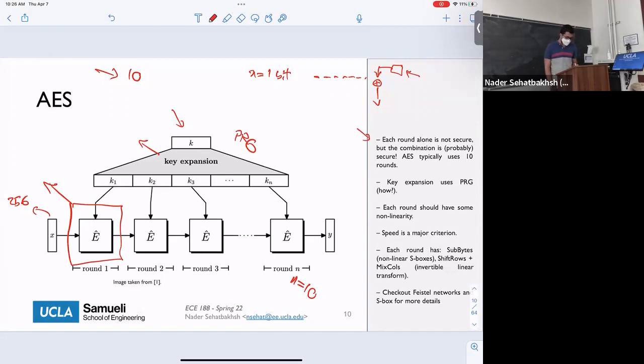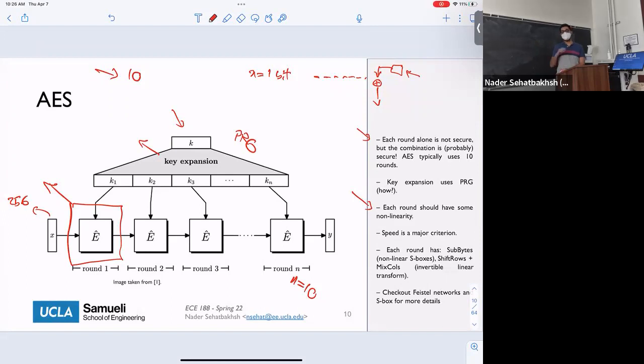Okay. The important thing that you always have to remember is that for a PRP, you need to have some nonlinearity. If your system is completely linear, which means that you just add and multiply in any random fashion, you're never going to get the randomness that you want. The adversary can always reverse engineer your system.